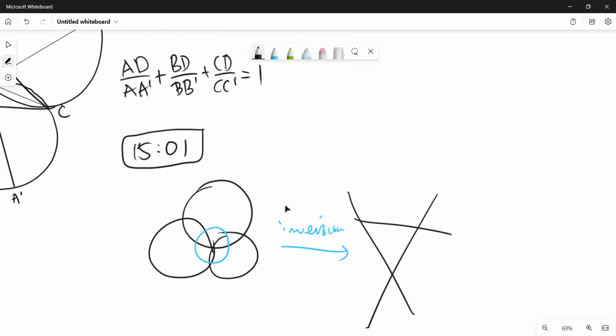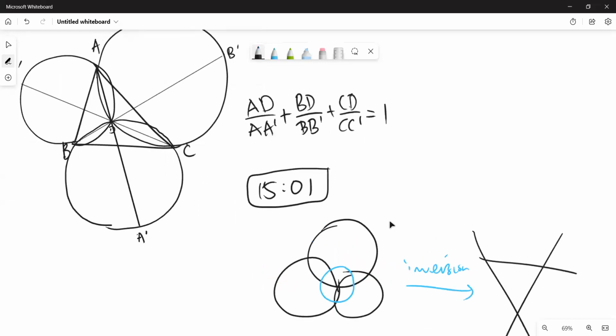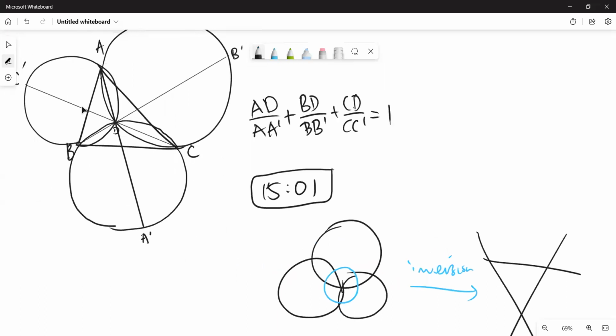Because remember, circles passing through the origin will be transformed to lines. And we exactly have this configuration where we have three circles.